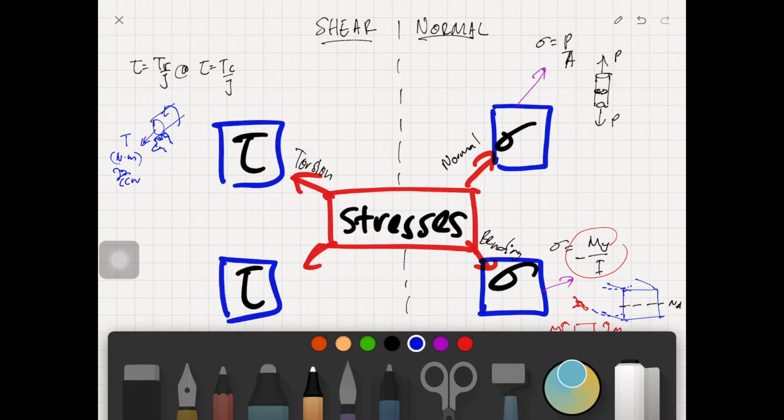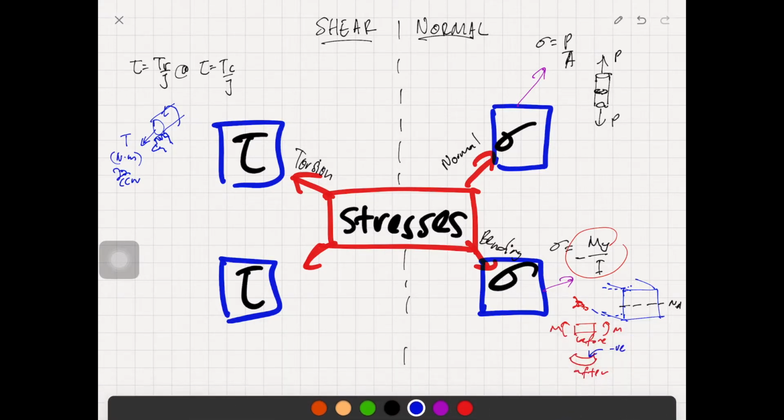So Tr over J is the equation we need to understand in terms of usage, and of course J is the polar moment of inertia.